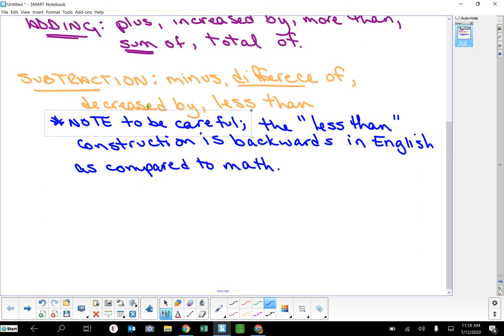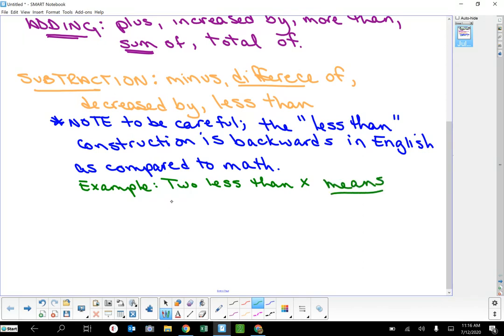So here's an example of what that means. 2 less than x, or less than a number, whichever way you want to put that, means x minus 2, not 2 minus x. So it's backwards. The number comes first.